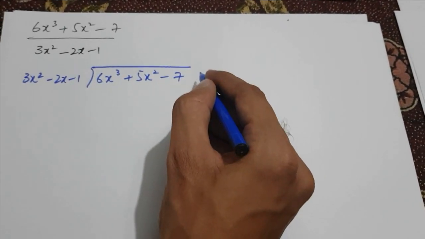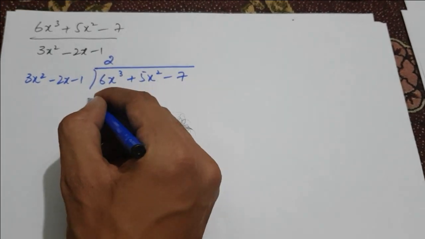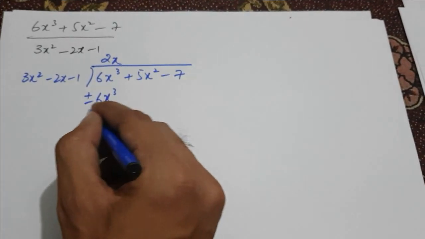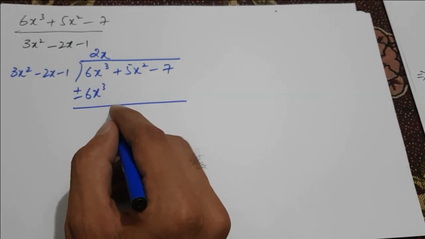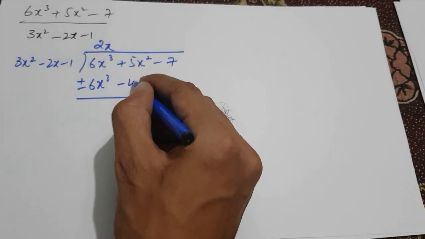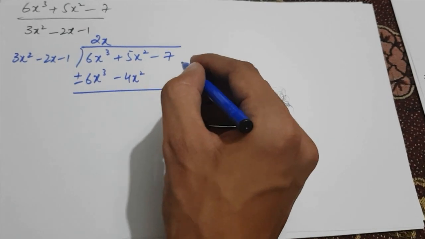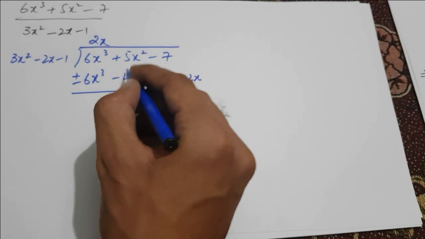So what do we have here? We get 3x squared into 2x to get 6x cubed, minus 2x into 2x. We get minus 4x squared, minus 1 into 2x. We get minus 2x.